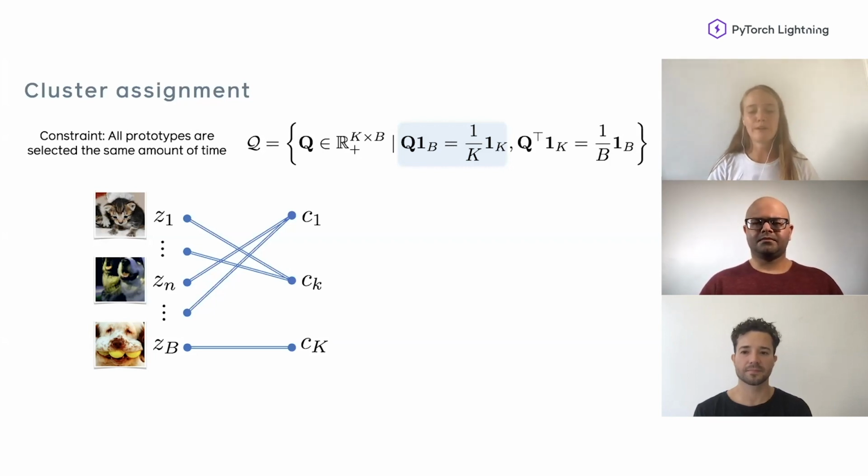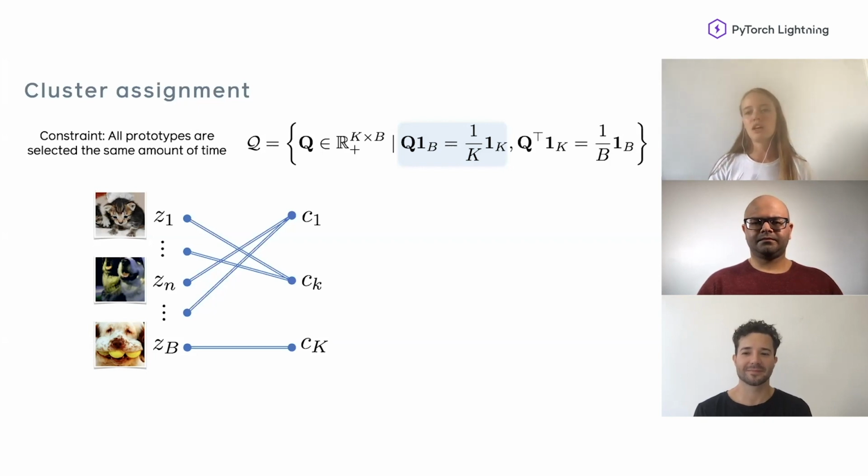And so we really wanted to have a method that works online, so we can train it on Instagram data and the billion-scale data set. And so for this, we wanted to have this cluster assignment step, but at the batch level. And that's how we came out with it.